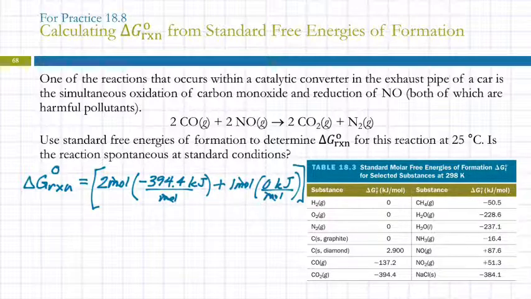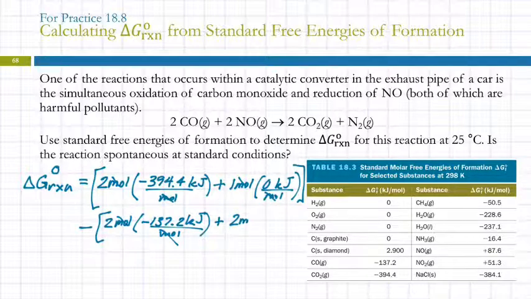Okay? And we're subtracting the reactants. So 2 moles of CO, minus 137.2 kilojoules per mole. Moles cancel. And we've got 2 moles of NO. We look up its GF, NO, plus 87.6.